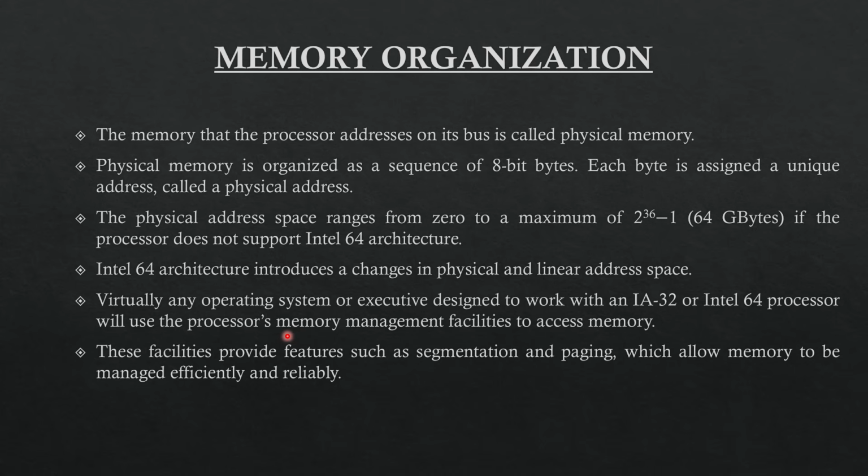So for those who need to work on IA32 or Intel 64 architecture, they will use the processor's memory management facility. We have already studied in the previous module the different parts of the memory management unit, which include paging and segmentation, which we already discussed in detail.